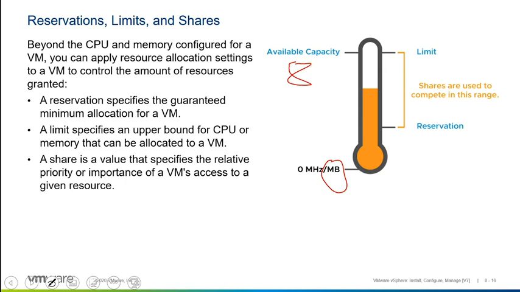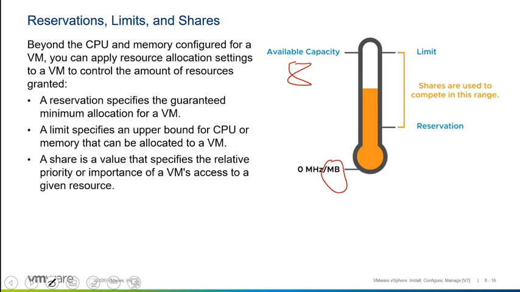But if I tried to power on a 9th identical VM and there's no available guaranteed capacity left, then the VM will not power on, okay? So be careful when setting reservations, okay? Only set them on the virtual machines that you absolutely require that very minimum amount of available resources.